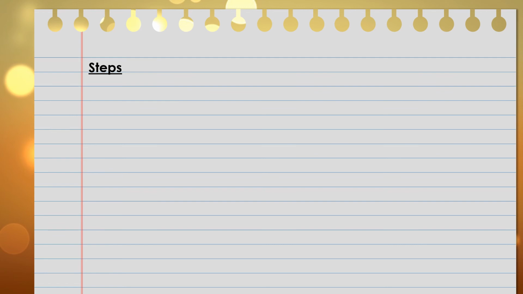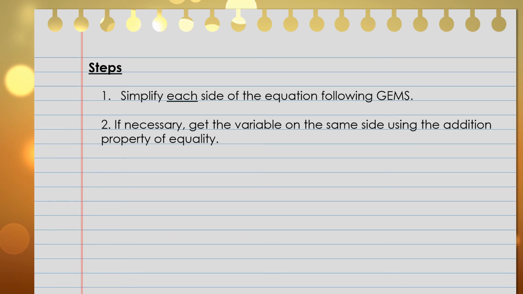We're going to look at some steps about how to solve multi-step equations. First, simplify each side of the equation following GEMS, meaning look for grouping symbols, any exponents, multiplication or division, subtraction or addition. Step 2, if necessary, get the variable on the same side using the addition property of equality. Meaning if you have x's on both the left and the right side, pick a side and then use the addition property to get the variables on the same side.